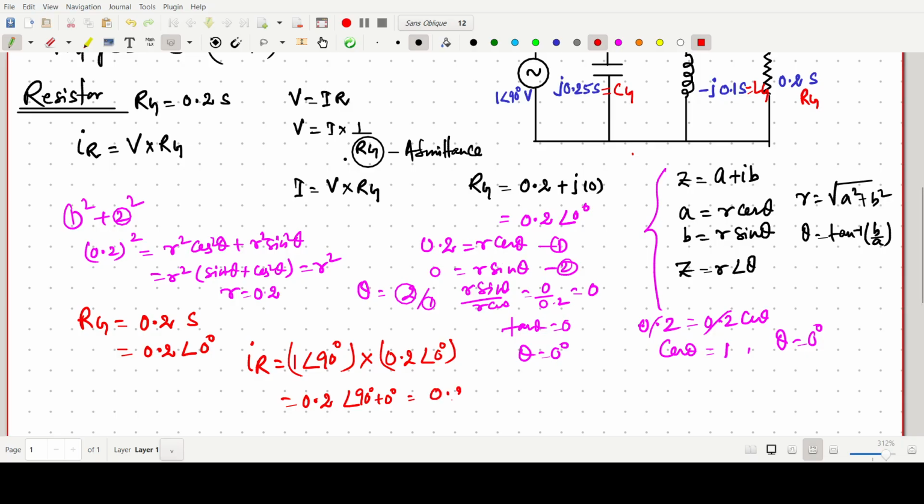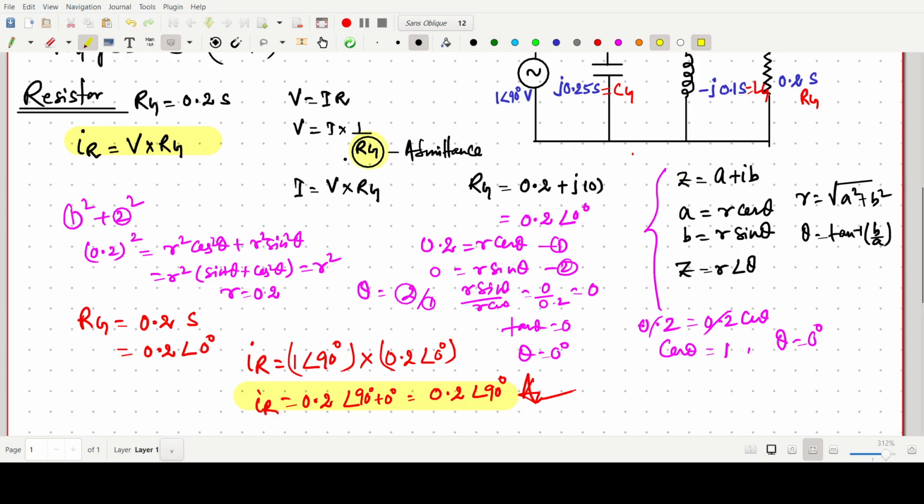So it should be 0.2, first part IR. Now IR equals V times RG. I am writing RG, okay, because this RG is our admittance.